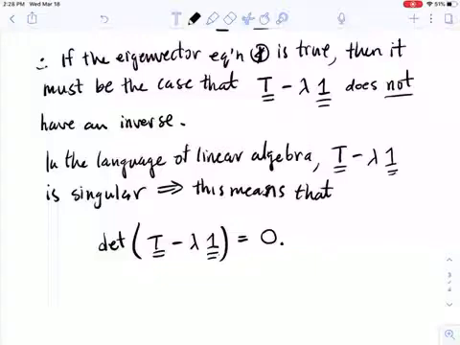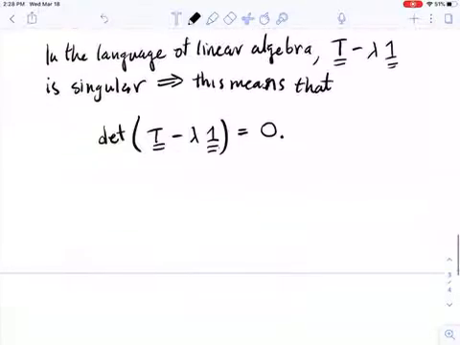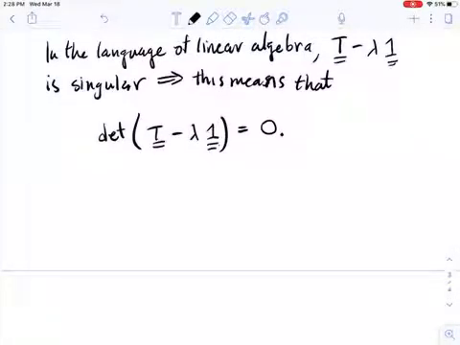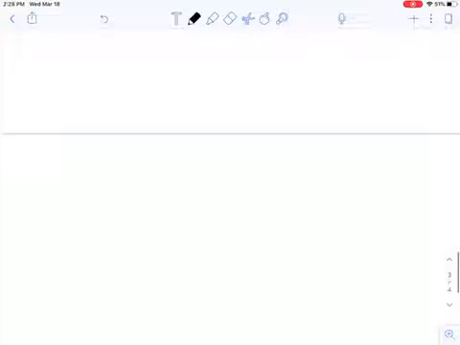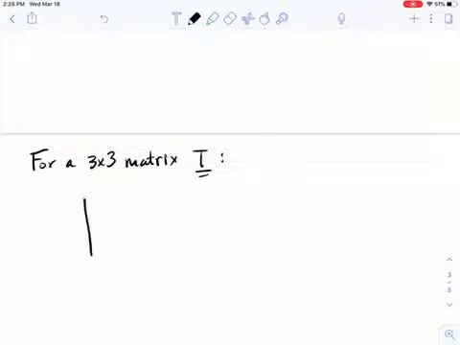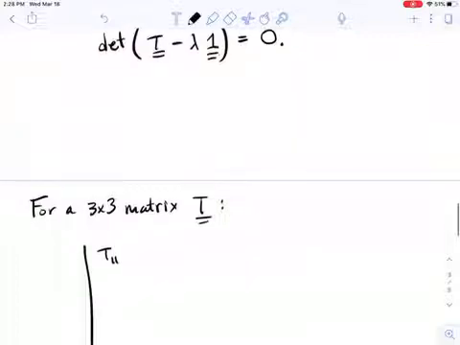Okay, so let's think about the 3 by 3 case. The reason we're thinking about a 3 by 3 case is because we're going to apply this to our rotational inertia tensors, which are represented by 3 by 3 matrices. Okay, so for a 3 by 3 matrix T, the determinant that we have to calculate then is T11, and then we have to do the identity times lambda.